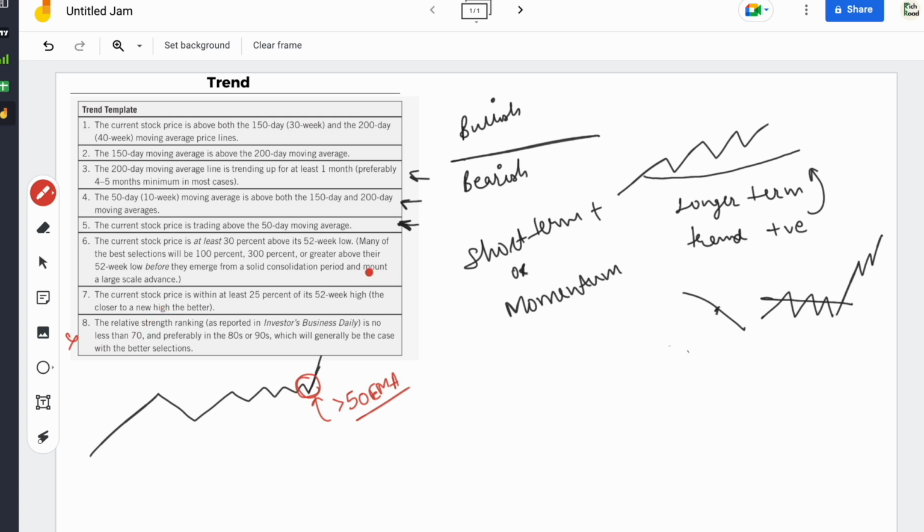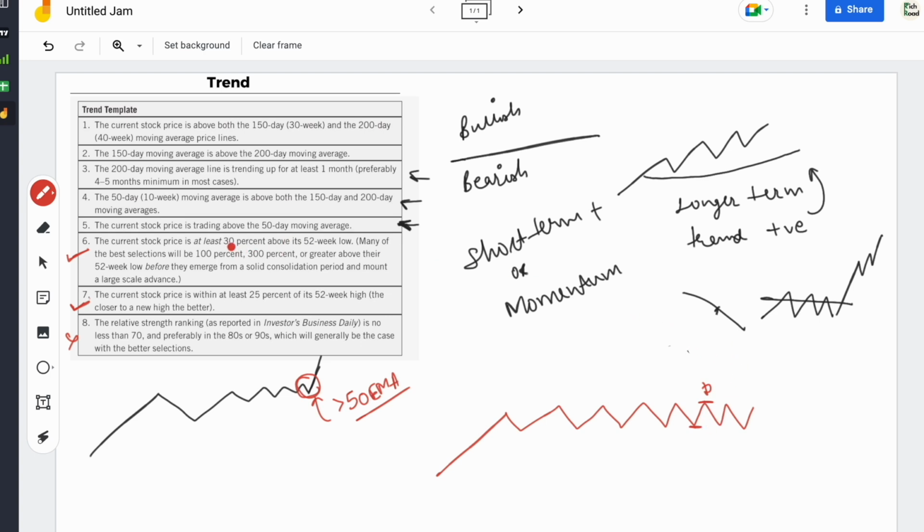But I'll give you one activity: try to combine point number 6 with point number 7. Tell me if both 6 and 7 are in check for a stock. That is, it is satisfying the 6th as well as the 7th. What does it mean? I'll tell you. Let's say the stock has been in a big range for a long period of time. What will happen is its 52-week low and 52-week high will be very near to each other.